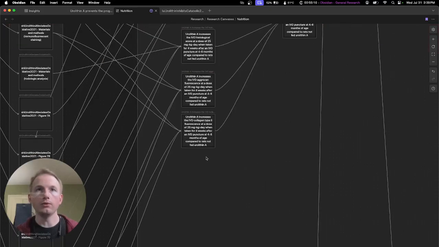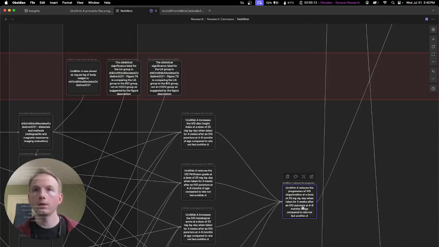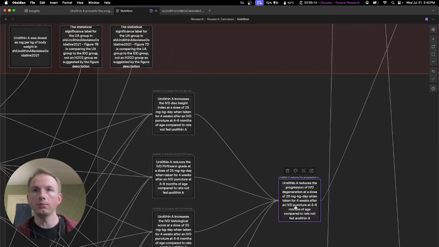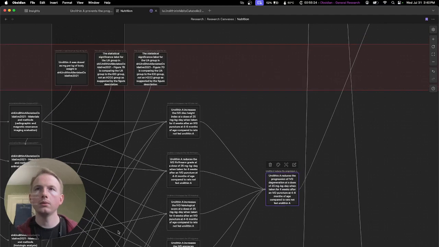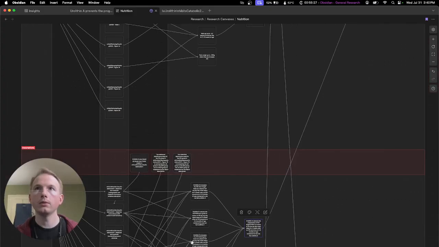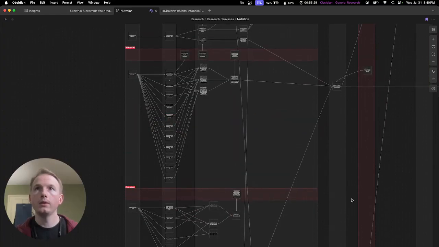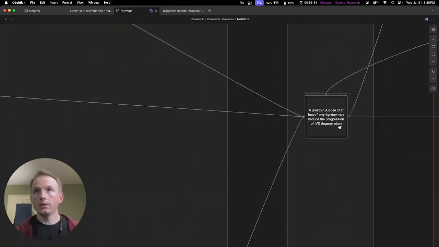So as you can see, that's what I've done here, grouped them into here, and this was also 25 milligrams per kilogram per day. These were a bit older rats, and tie them in here.